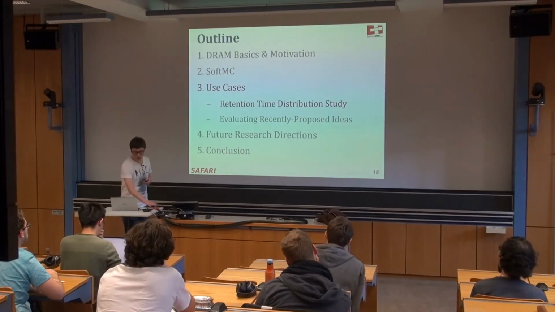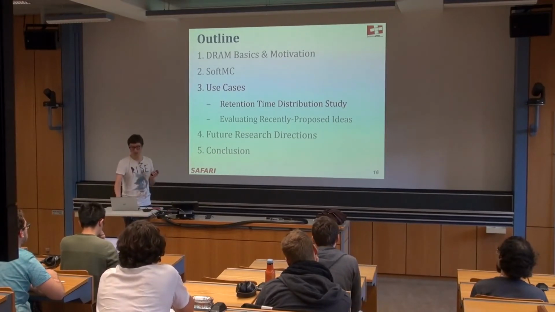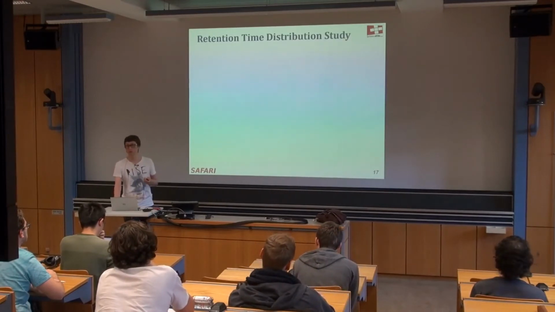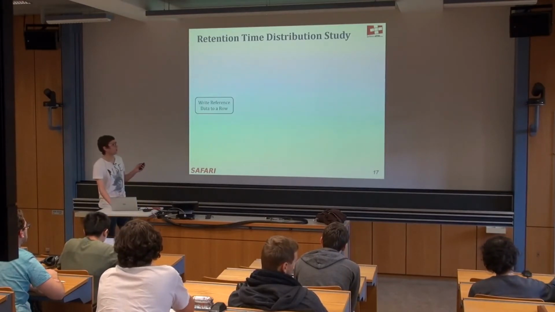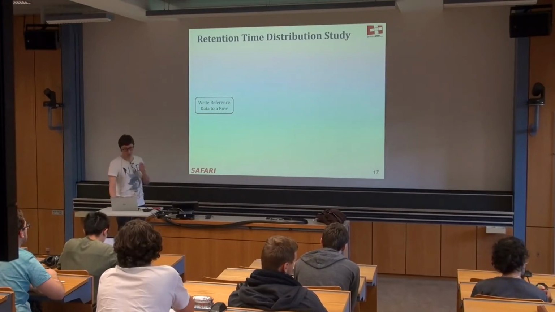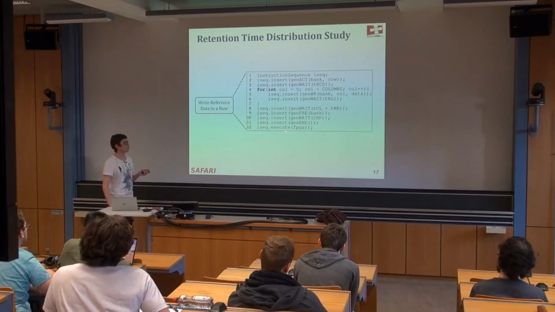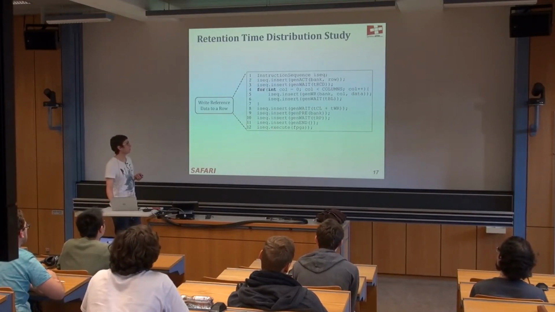Okay, so let me quickly go through these two use cases. The first use case is, as I said, the retention time distribution study, which we do only to show the correctness of the implementation of SoftMC. Here I will show you how to implement this using SoftMC. First, we start by writing some reference data to a DRAM row, which you can do using this piece of code here, about 12 lines.